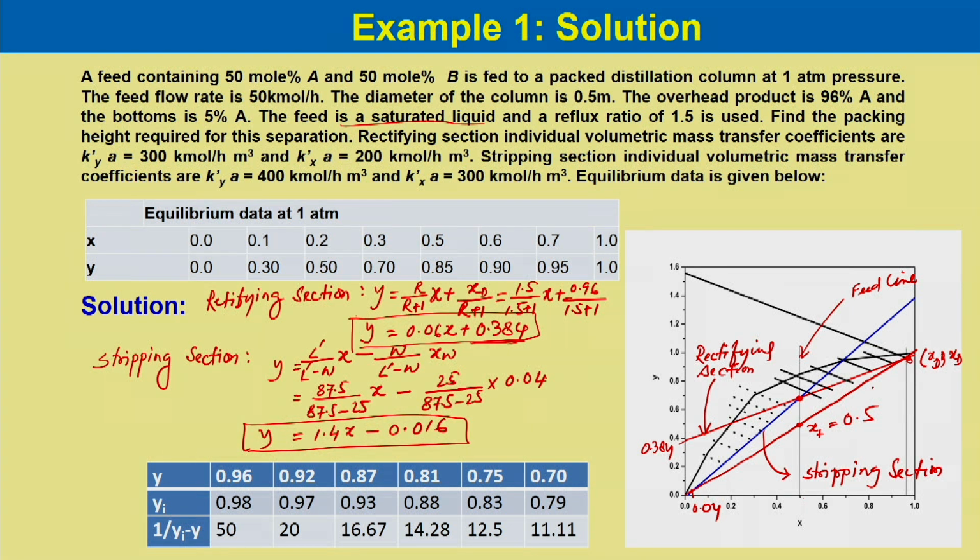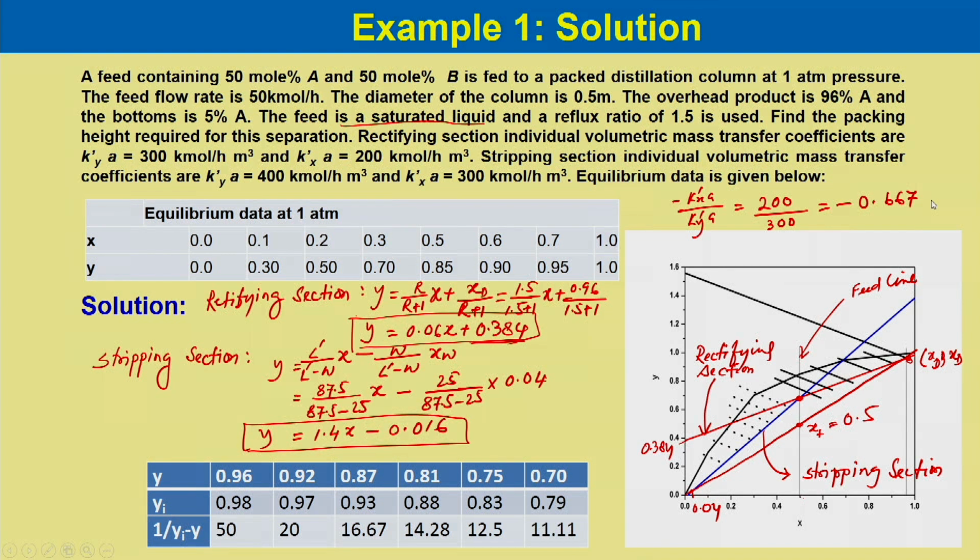Now, what we need to do: we know the slope of the line in the rectifying section, that is minus kx'a divided by ky'a, which is equal to 200 by 300, which is equal to minus 0.667.